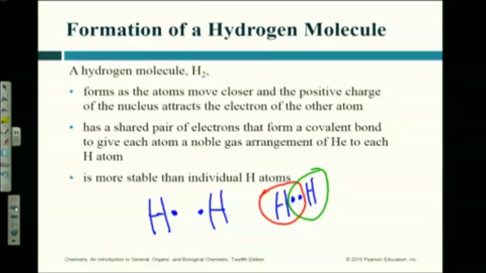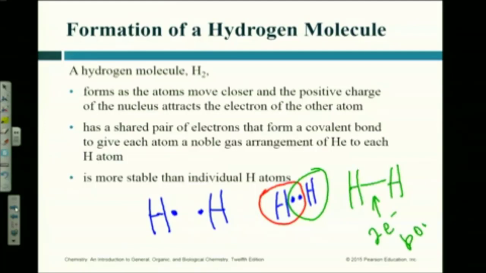Because they both get to count the kids, tax deductions, and they have a full octet. In this case, a duet, because they want to look like helium, because they're small. Okay? Fair enough? And we would often draw that, instead of drawing 2 dots there, we would draw a dash in between. This dash, 2 electrons.